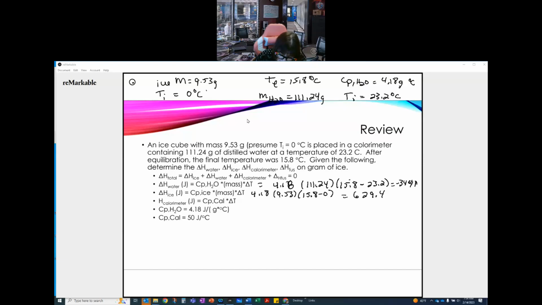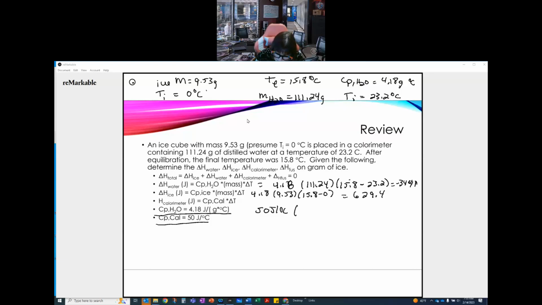And the delta H for the calorimeter is the Cp for the calorimeter times delta T. Now, Cp for the calorimeter is given right here. So the Cp of the calorimeter is 50 joules per degree C. So we multiply that times the change in temperature for that calorimeter.